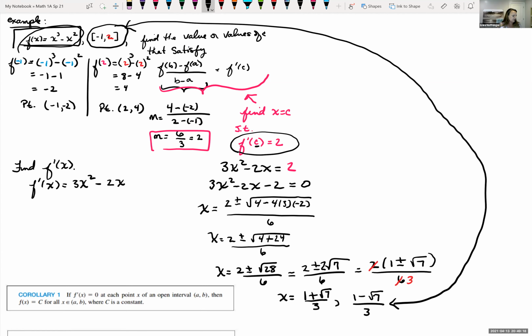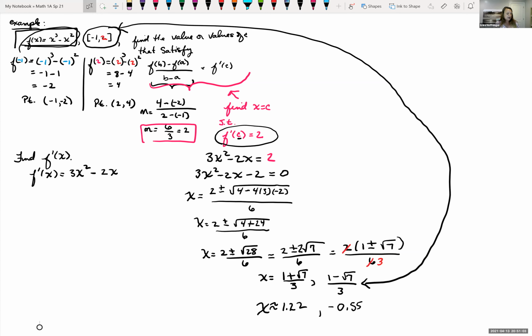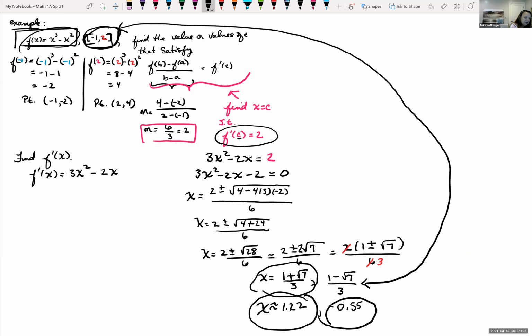So let me pull out the calculator. Okay, so I just plugged our values into the calculator. (1 plus root 7) all over 3 is approximately 1.22, which falls between -1 and 2. And the other was approximately -0.55, which is also in the x values between -1 and 2.